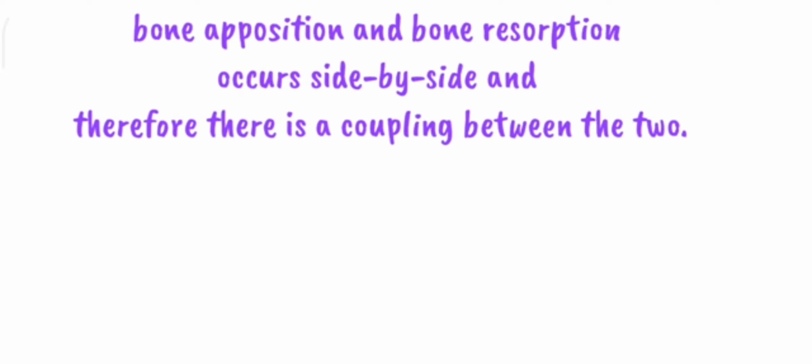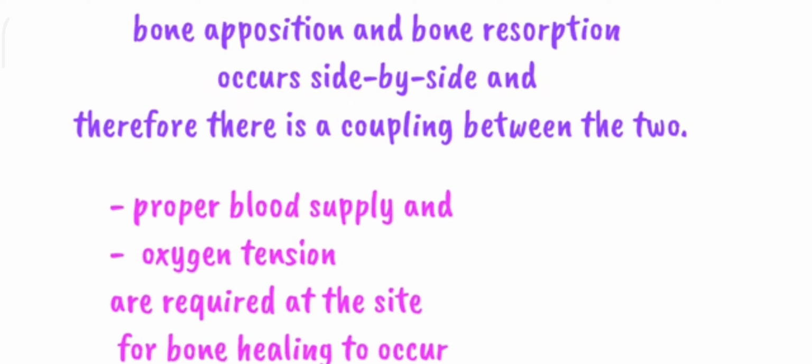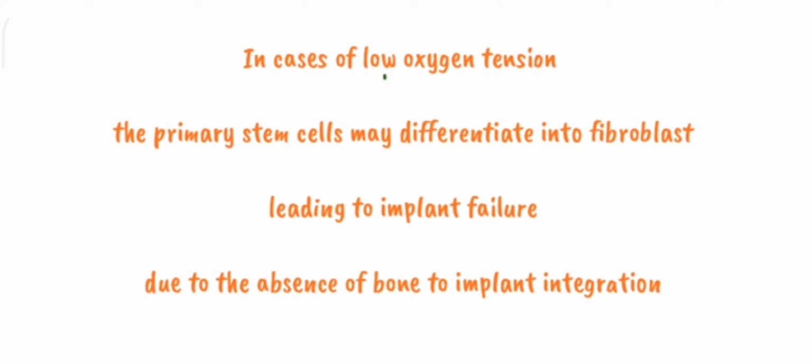The bone apposition and bone resorption usually occur side by side, and therefore there is a coupling between them. A proper vascular supply and oxygen tension are needed for this coupling to occur. If oxygen tension is poor, the primary stem cells may differentiate into fibroblasts, form scar tissue and may lead to implant failure, that is non-integration.